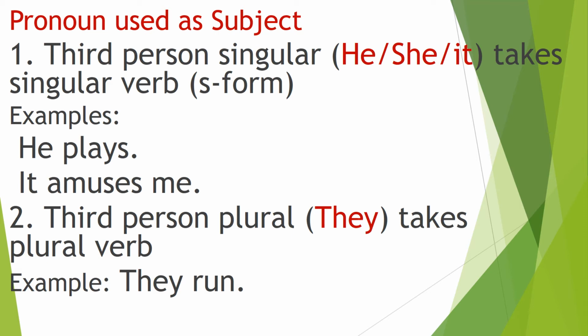Another example. It amuses me. The subject here is it, which is also a third person singular. So therefore it will take a singular verb, which is amuses. Now rule number 2, third person plural, which is they.